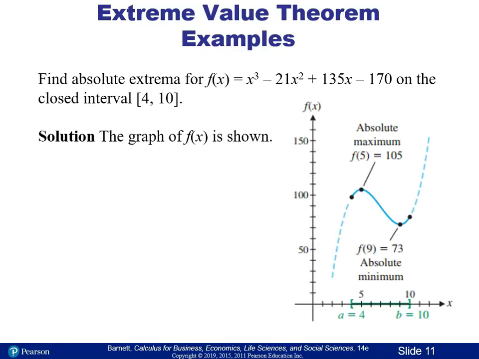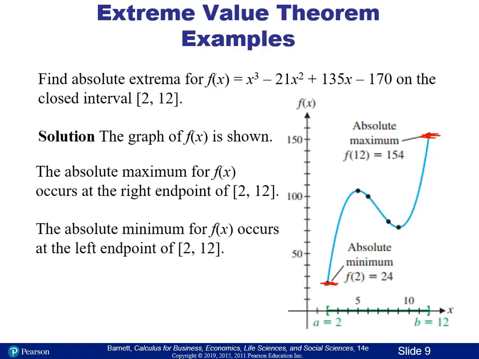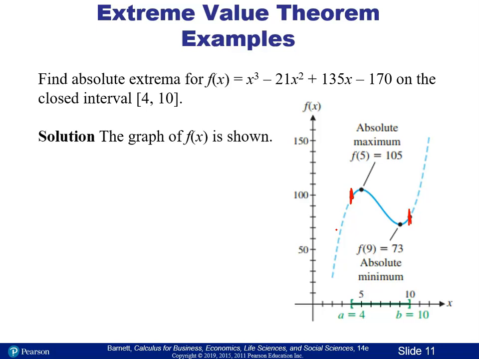Okay, let's change the interval up a little bit. This time we're going from 4 to 10. Again, it's a closed interval and it's a continuous function, so we are guaranteed to have an absolute maximum and an absolute minimum. On the previous example, those endpoints happen to be our absolute maximums and absolute minimums. But on this particular interval, that's not the case.